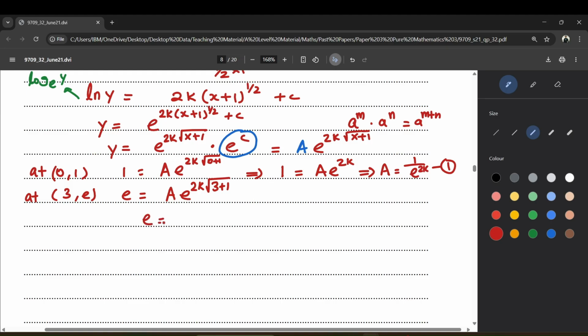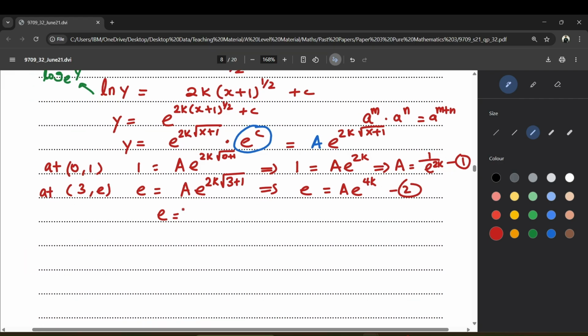So I'll write it here: e is equal to a times e to the power, 3 plus 1. That will be 4, and root of 4 is 2. So that means this becomes e to the power 4k. All right, and yeah, we cannot solve it any further, so that's our equation number 2.